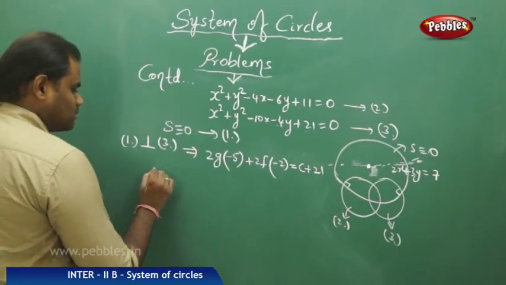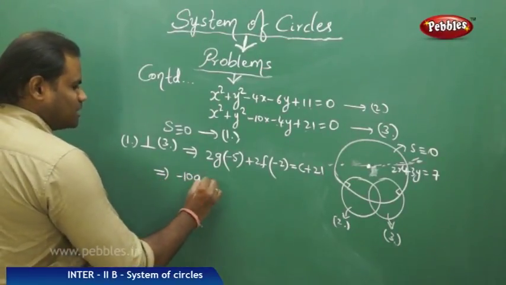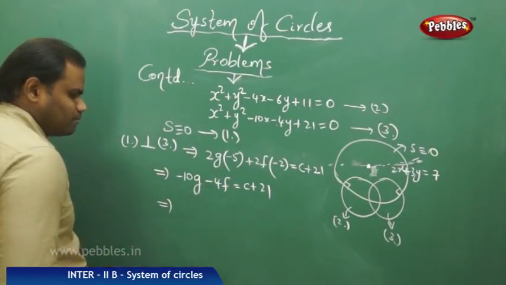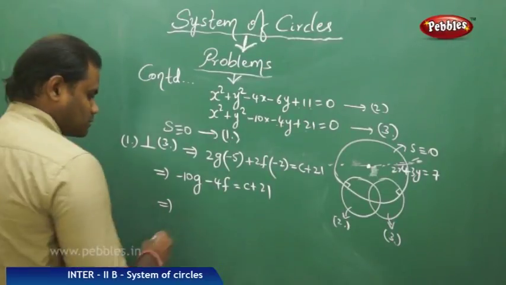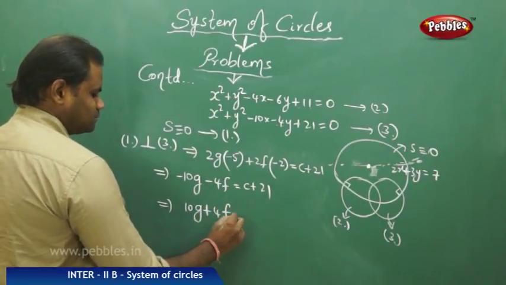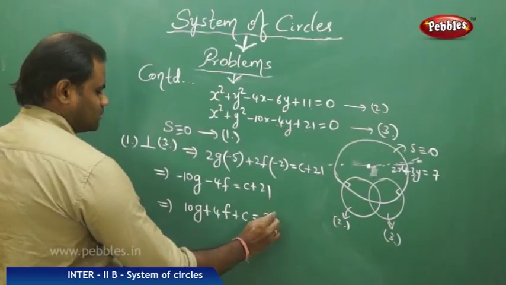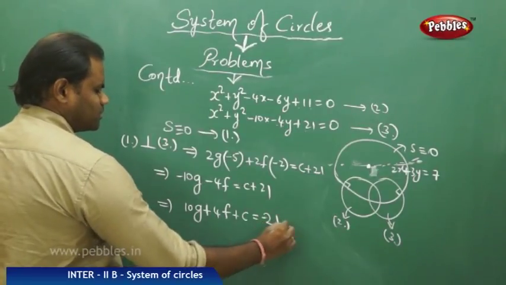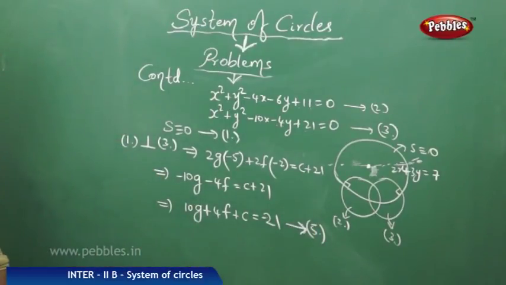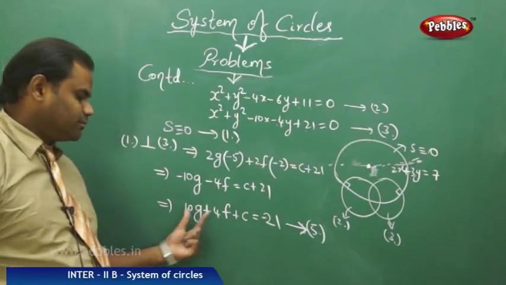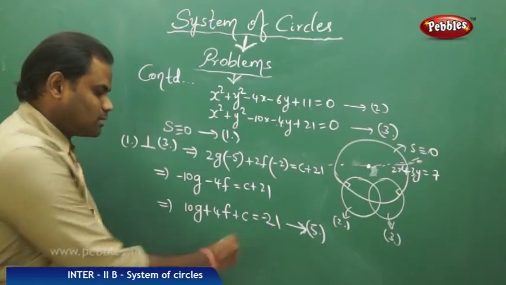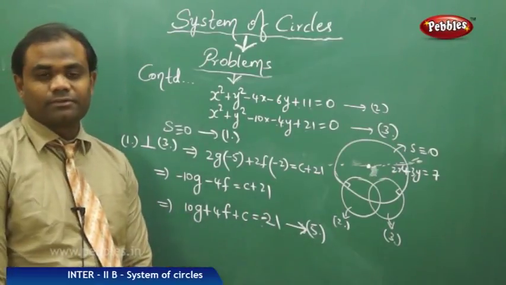Now this on further simplification gives minus 10g minus 4f is c plus 21, which on further simplification gives 10g plus 4f plus c equals minus 21, which I take as equation 5. So this on simplification gives an equation in 3 unknowns g, f and c, that is 10g plus 4f plus c equals negative 21, which is equation 5.